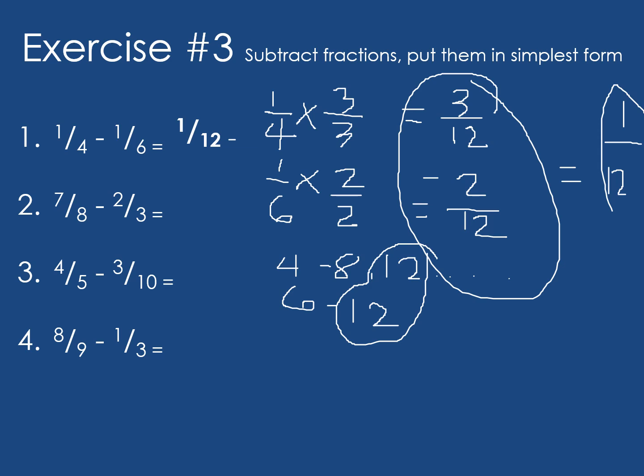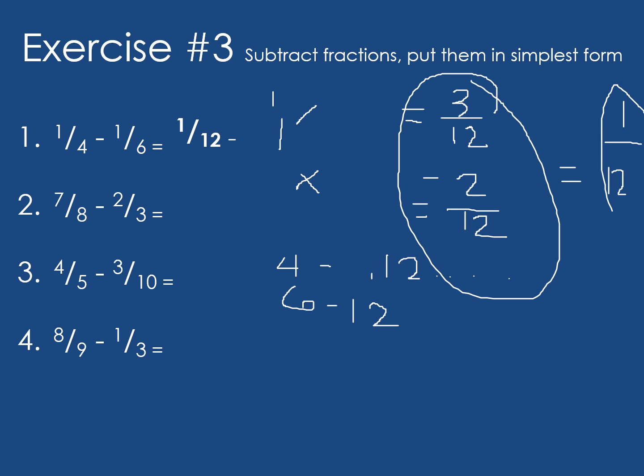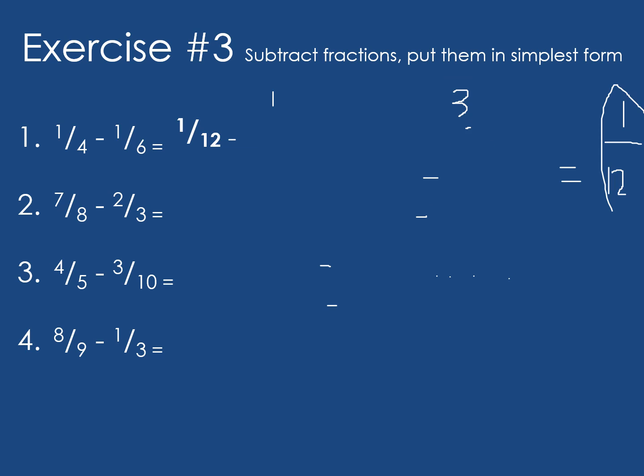Another example. Let's try to erase. Okay, let's make it fast. Okay, erase this one, erase this one, erase. Okay, number 2. Number 2 is 7 over 8 minus 2 thirds. So you have to write in column again. 7 over 8 minus 2 thirds.